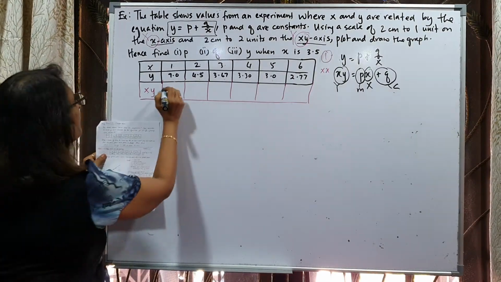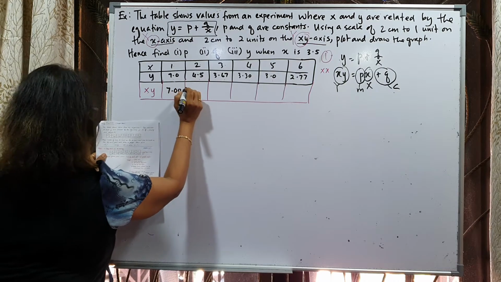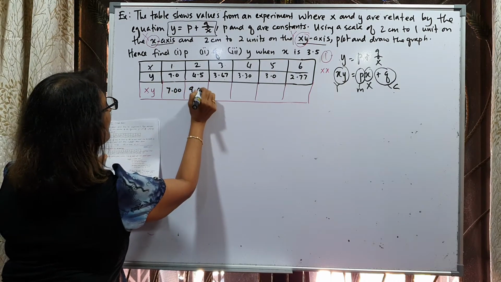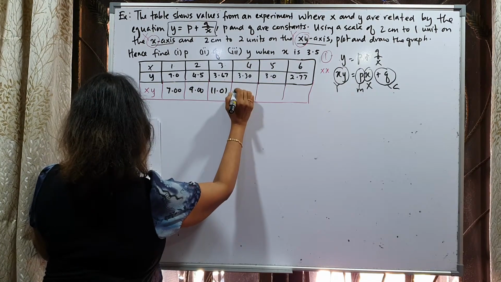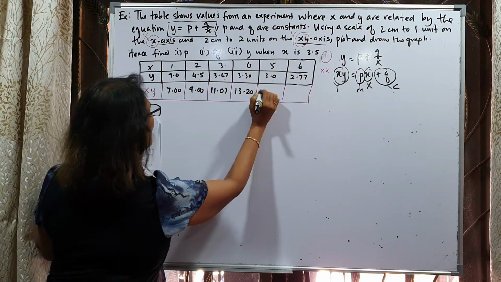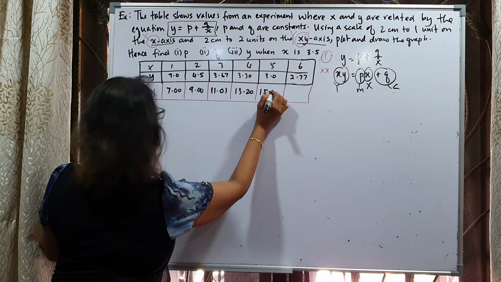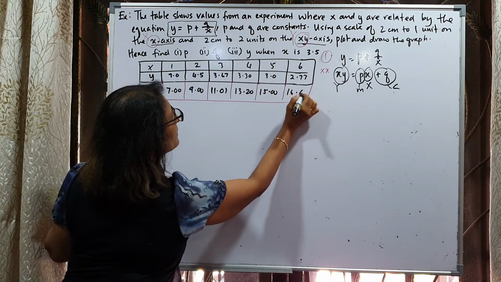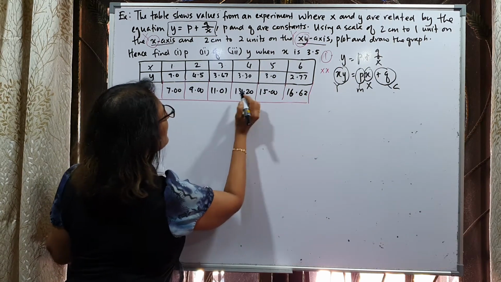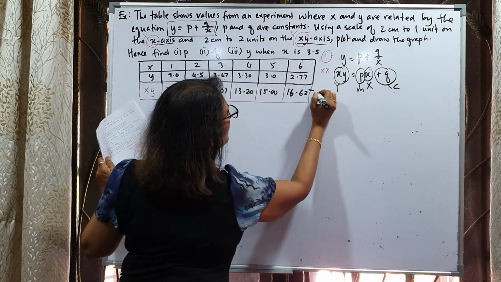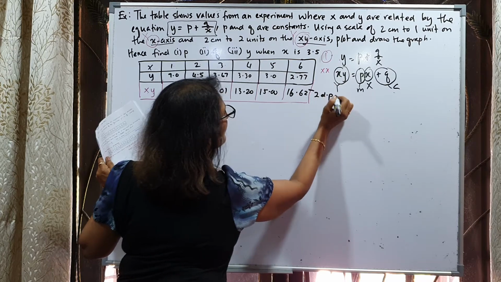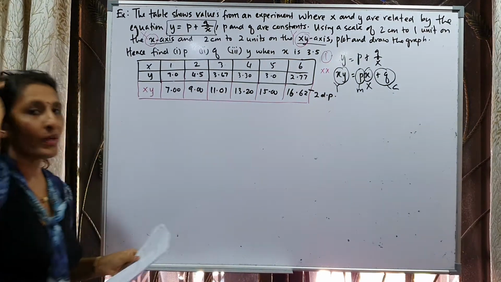Right here it is 7, here it is 9, then we have 11.01, 13.20, 15 and 16.62. All these values, please make sure they are in 2 decimal places, otherwise you lose 1 mark.